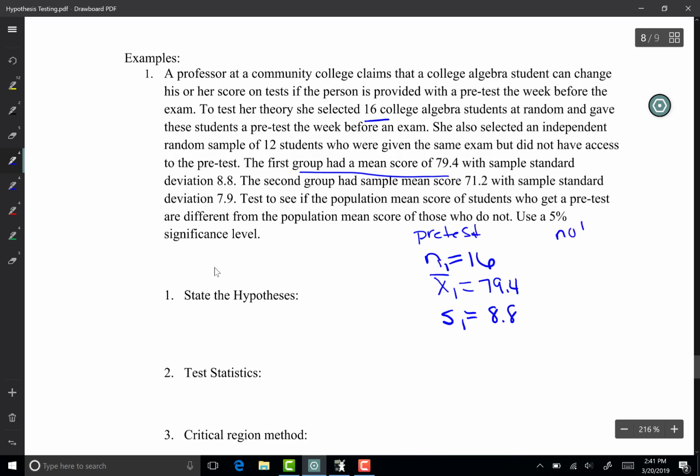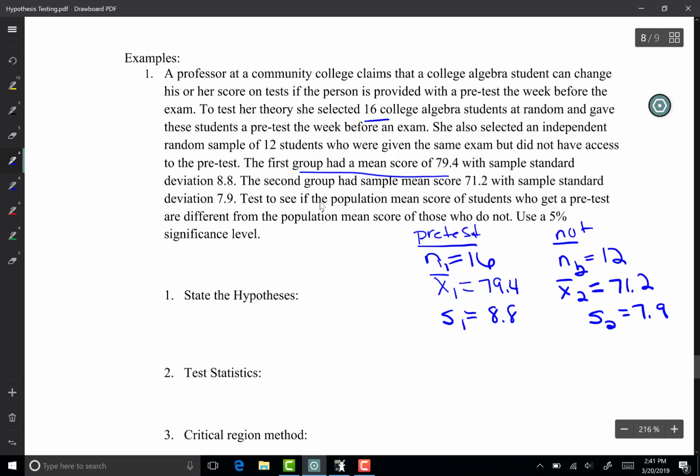And the group without the pretest is 12 students. So that's n2. And they had a mean, x bar 2, of 71.2 with a standard deviation of 7.9. What I encourage my students to do is write it like this. This is the people with the pretest. This is the one that did not.